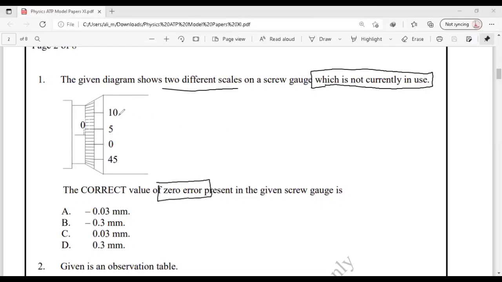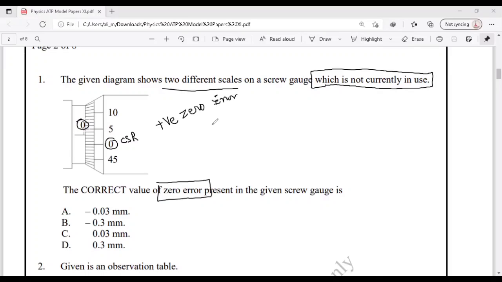We have two types of zero errors, positive and negative. In a screw gauge, if the zero of the circular scale is behind the zero on the main scale, this means that there is a positive zero error.